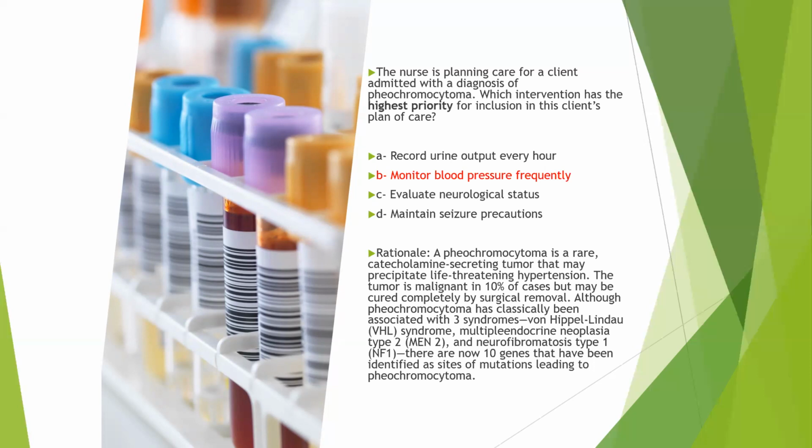Although the pheochromocytoma has classically been associated with different types of syndromes, we know that, again, this has been identified as a gene mutation. So the most important thing of a pheochromocytoma is to recognize the hallmark clinical manifestation, which is an extreme elevation in blood pressure. So my priority is to monitor the blood pressure frequently.